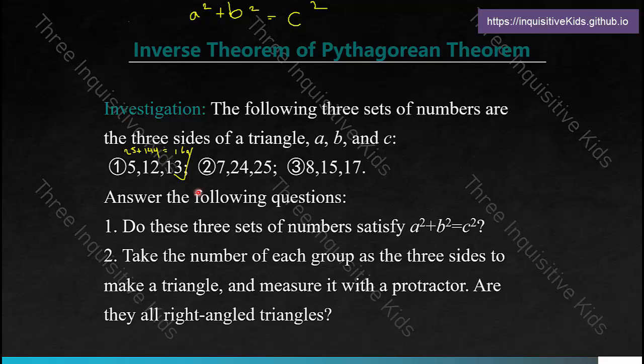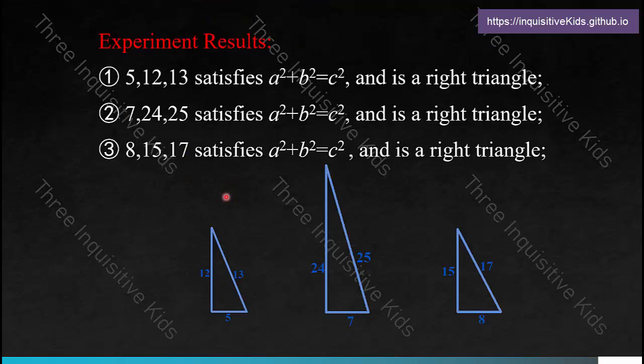And if you have a protractor at home or some other tool, you can see if it is a right triangle. So there you go.